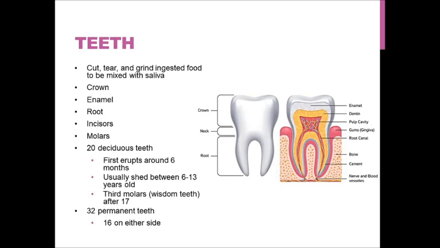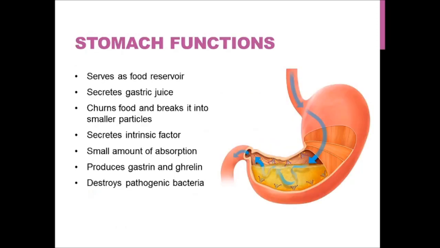It secretes intrinsic factor. There's a little bit of absorption that happens here, but not much. It's going to happen mostly in the small intestine. It's going to produce gastrin and ghrelin, and it destroys any pathogenic bacteria. Like we said, from the respiratory system, anything that's not drained through the nasal cavity will go down the throat into the stomach, where pathogenic bacteria will be disposed of by this stomach acid.